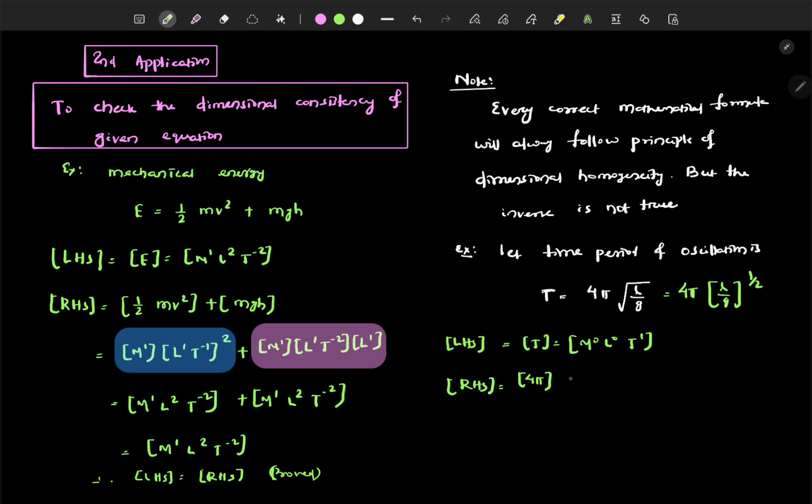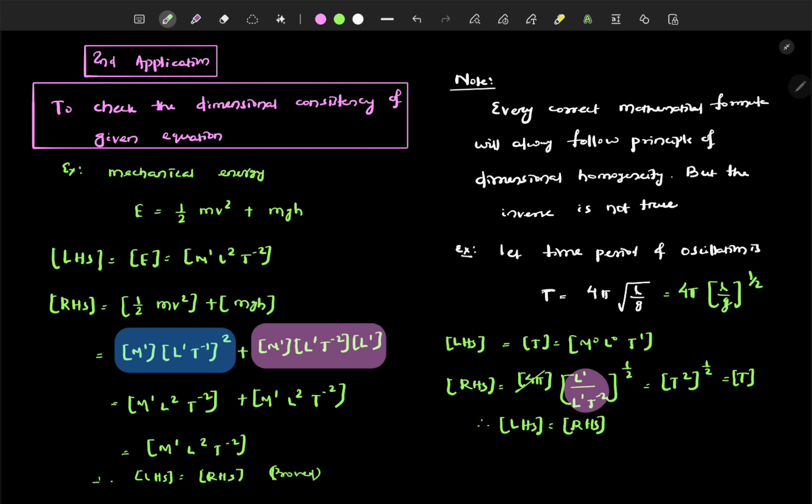As per the dimension, L is L¹, divided by G, which is acceleration, L¹ T⁻², whole power 1/2. 4π has no dimension. Inside the bracket, if you solve, it is T² whole power 1/2, that is T, the dimension of T. So the LHS dimension is equal to the RHS dimension.